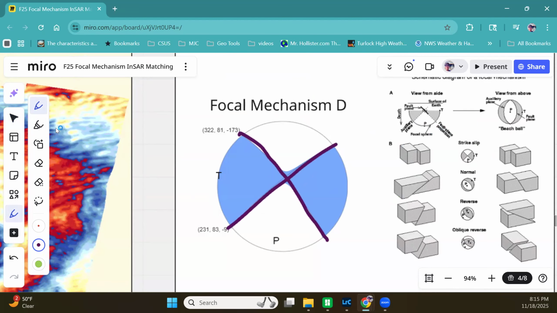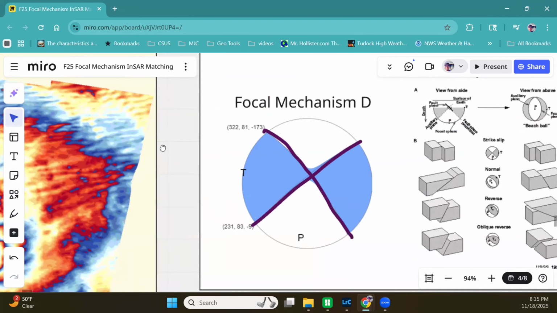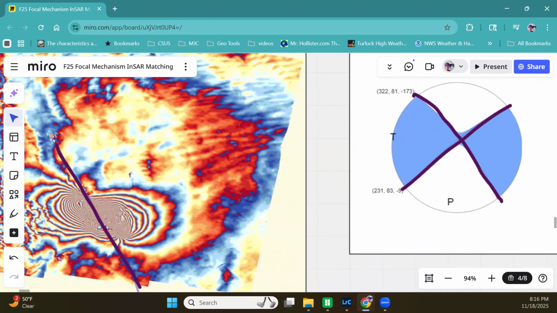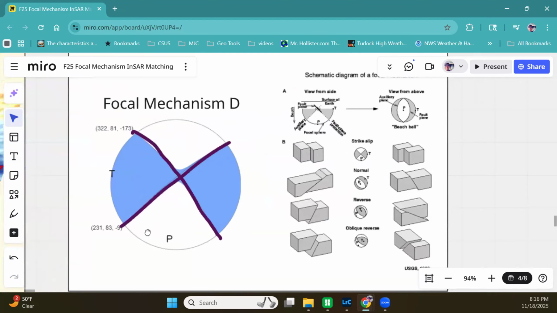And so if you look back over here at our interferogram, there's a pretty awesome ability to match up this northwest to southeast trending strike of the fault that's right there, or the direction that it's pointing. Because that strike matches up with that strike, that's a good way to match these up and figure out that, hey, this is indeed the fault plane of this particular fault.